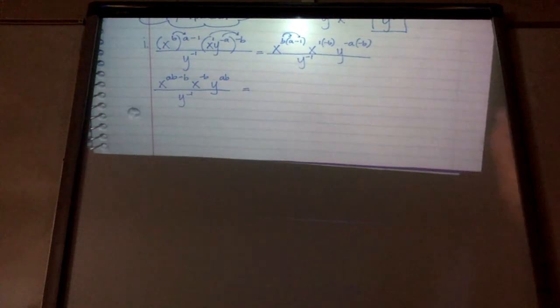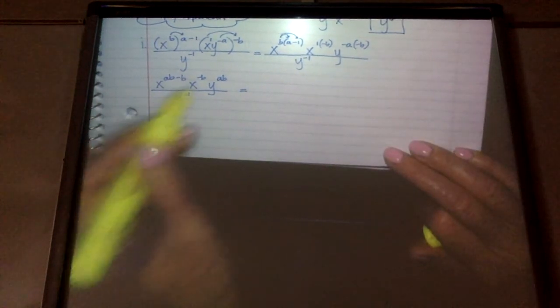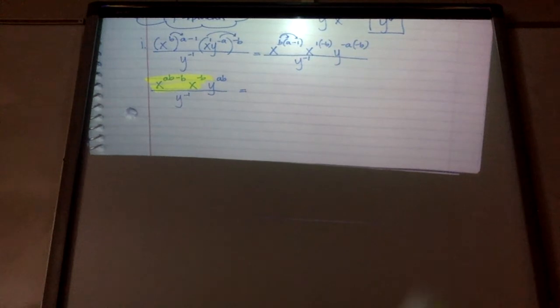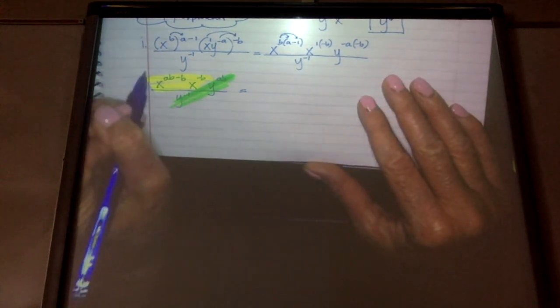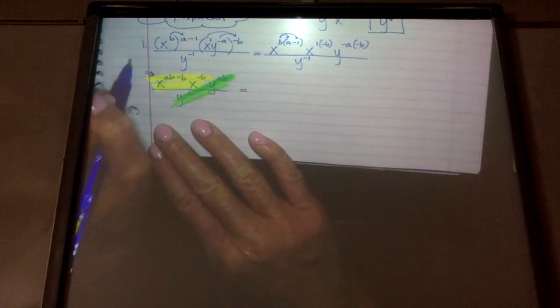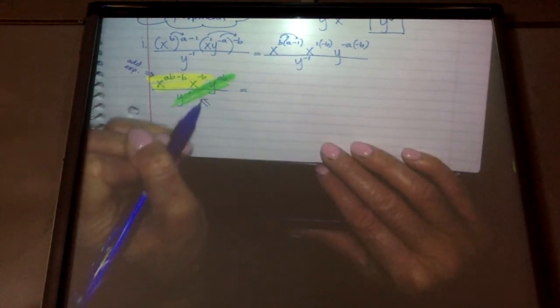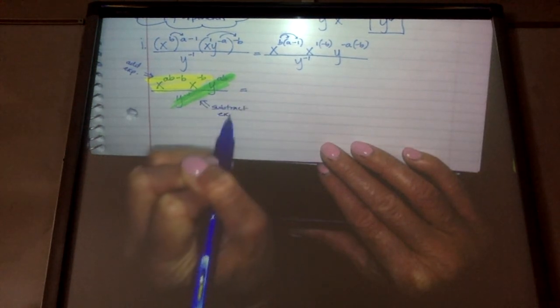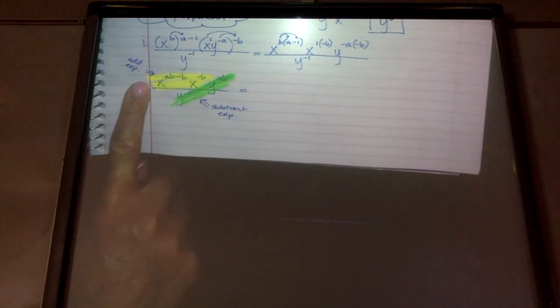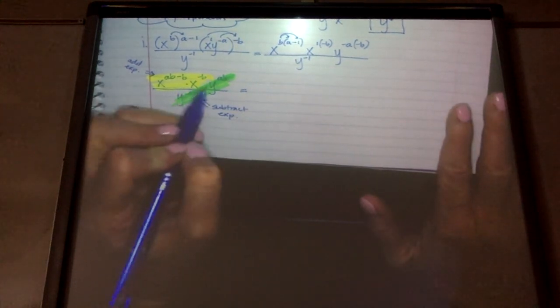Now, I'm going to combine these by adding exponents. And I'm going to combine these by subtracting. And let's talk about that. For these, I'm going to add exponents. And for these, I'm going to subtract exponents. Now the reason I'm adding the ones in the yellow is there's an invisible multiplication here.